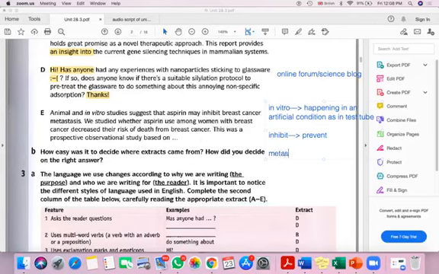So we have metastasis. It means what? The spread of disease, especially cancer cells from one body part to another.